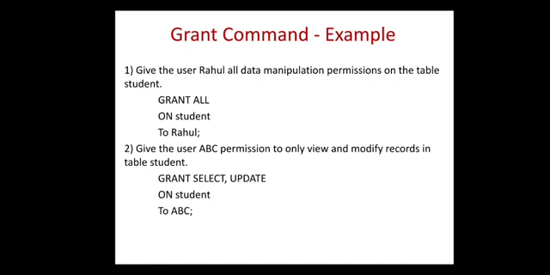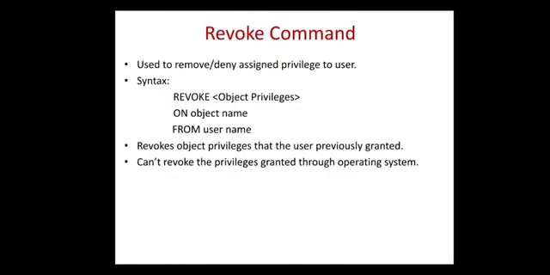Our syntax is grant object privileges on object name to username. So it is grant all on student, that is the name of the table, to username. In our statement, the username is Rahul. And lastly, a semicolon, as every SQL query is terminated by a semicolon.